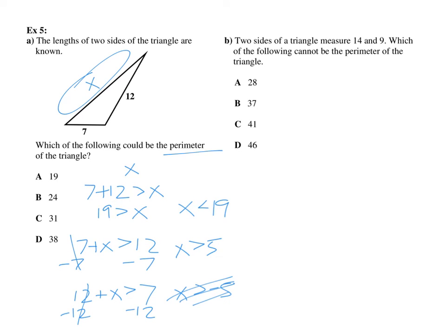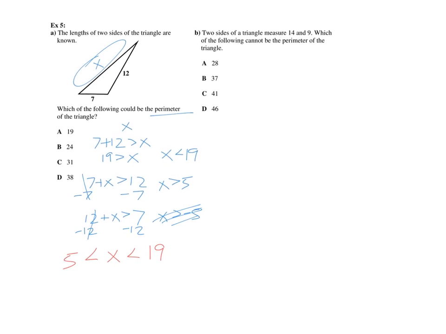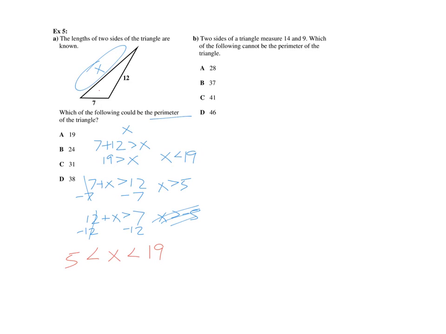So x is between 5 and 19. Now these two values add up to 19. So if I add that on to the smallest value for x, I get 24. And if I add this on to the largest value of x, I get 38.